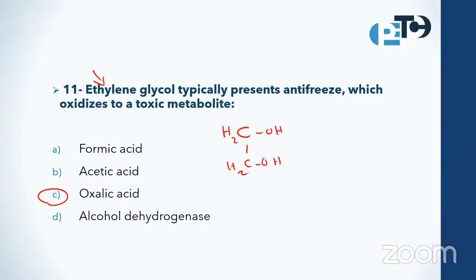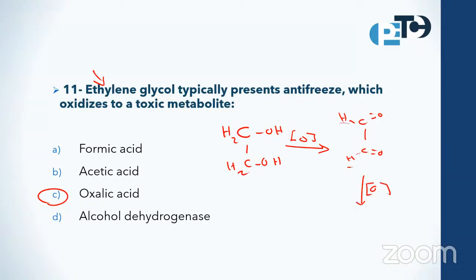It is a bi-alcohol. The alcohol is primary here. Both OH groups are primary. So the first step of oxidation, what is the result? Aldehyde, right, an aldehydic group. Still, we have H, so another oxidation step.